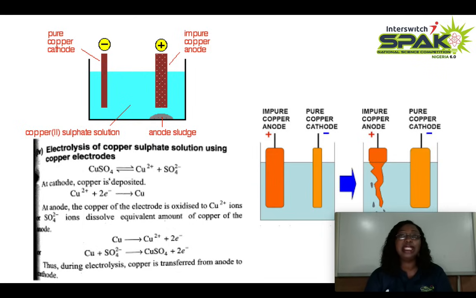The only thing is that it has impurity, so you need to remove impurity. The process of removing impurity from it is known as electrorefining using electrolysis. So this is what happens in the electrolysis of copper using copper electrodes, and that is how you can get your pure copper from the ore.